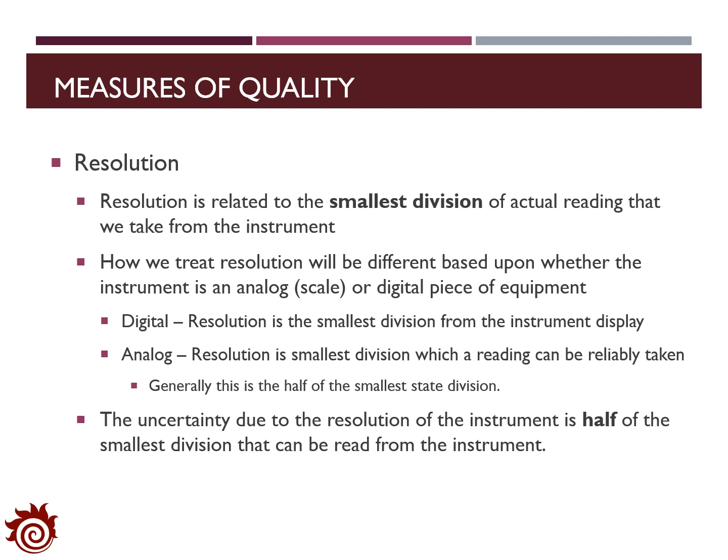Usually we treat the digital instrument and analog instrument differently. For digital equipment, the resolution is the smallest division from the instrument display, while for analog, the resolution is the smallest division which can be taken reliably. Usually the uncertainty due to the resolution is half of the smallest division that can be read from the instrument.